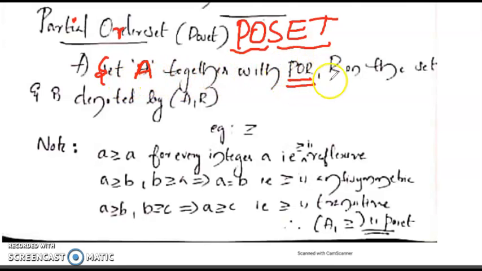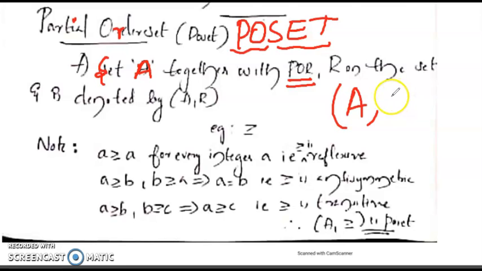A set A together with a partial order relation (POR) R on this set is defined by (A, R).